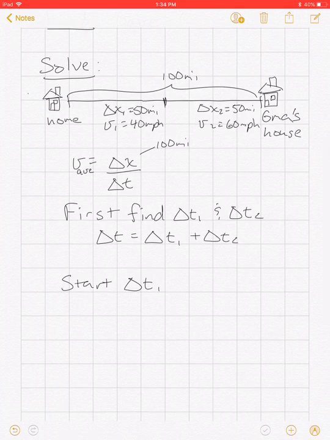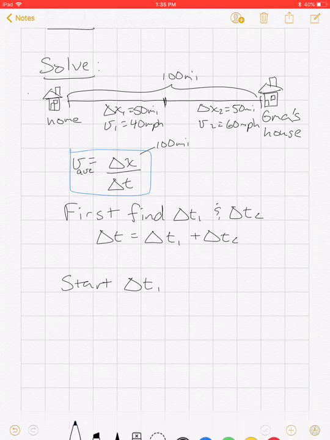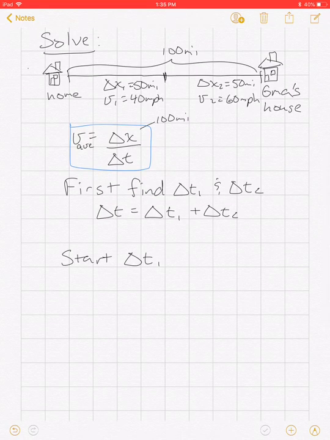We're just going to use our average velocity equation, specifically for the first leg of the trip, and we're going to rearrange to find delta t. If we multiply both sides by delta t, we end up with delta t on the left, and then we divide both sides by v average, which gives us on the right side delta x over the average velocity.